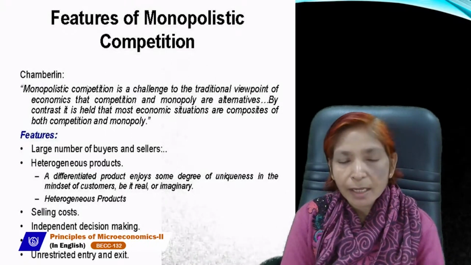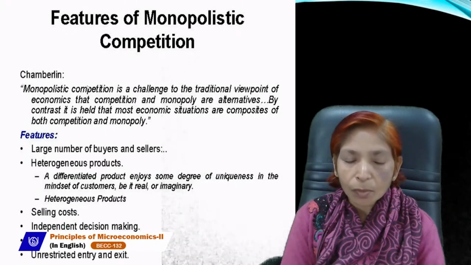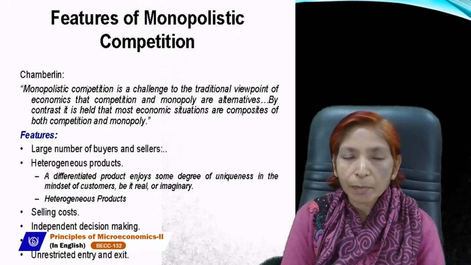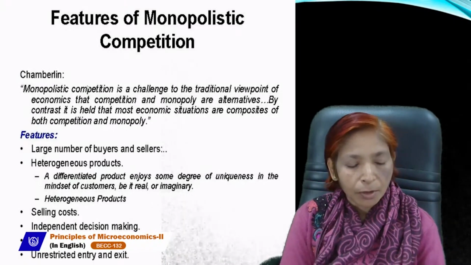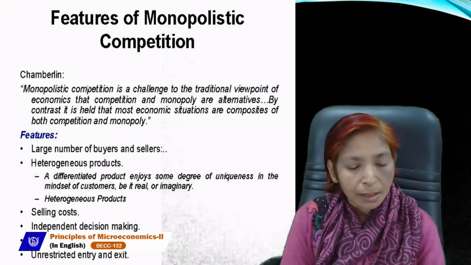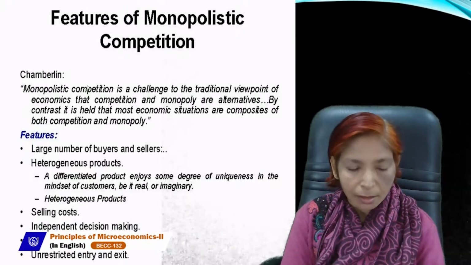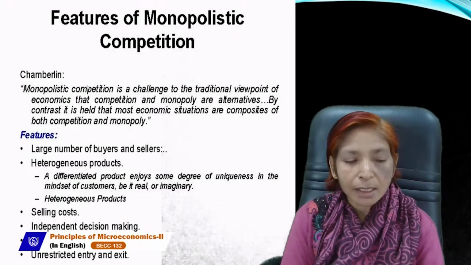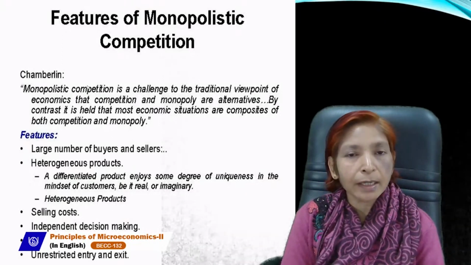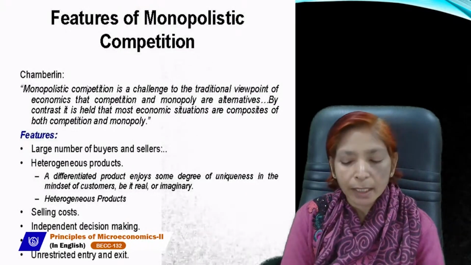Selling cost is very necessary. Independent decision making is also possible in a monopolistic competition market. Knowledge is not perfect, so we can say that imperfect knowledge exists in this market, and there is full freedom of entry and exit.